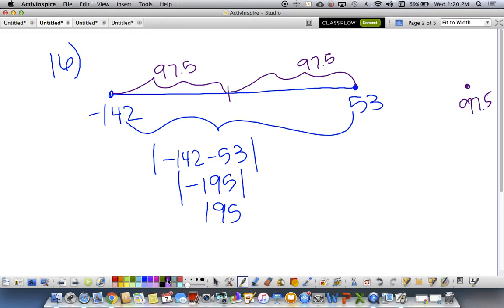And plug in 53 minus 97.5. Plug them both in. Does that seem like a logical answer? No, it can't be over here. But if I'm just randomly thinking, well, oh yeah, 97.5 sounds good. Wait, put that out on the number line. That makes no sense whatsoever.